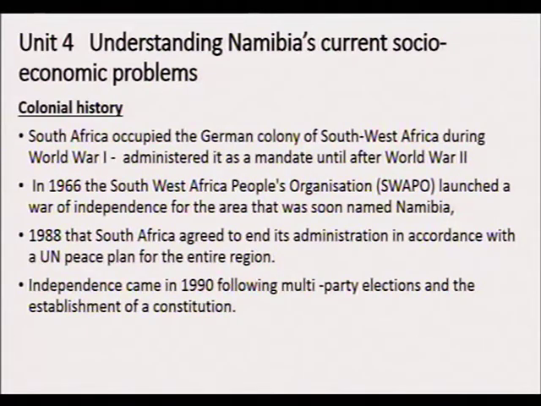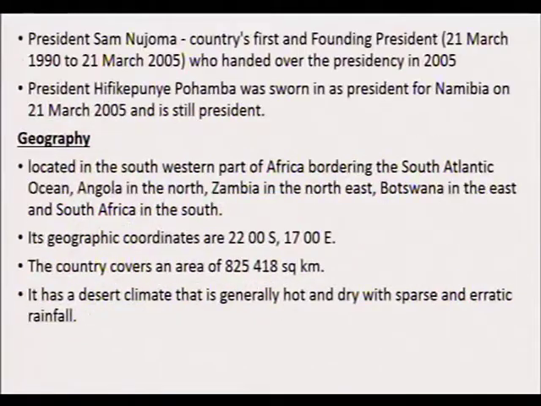In 1990, following multi-party elections and the establishment of a constitution, President Sam Nujoma was the country's first and founding president, who handed over the presidency in 2005 to President Hifikepunye Pohamba, who was sworn in on the 21st of March 2005.